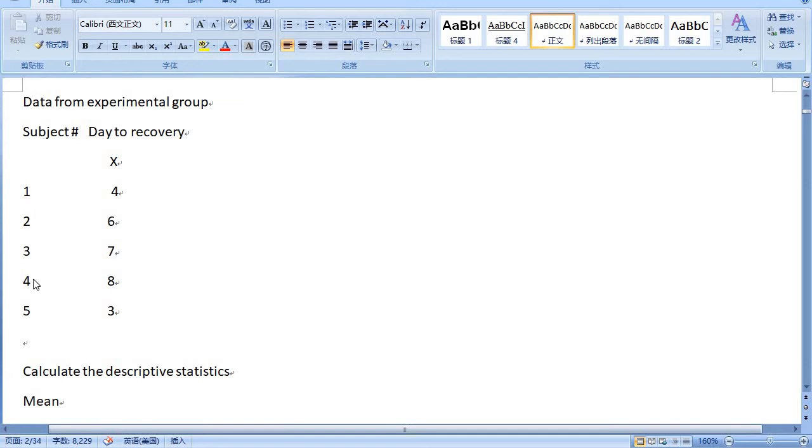Patient number 1, 2, 3, 4, 5. We have 5 of them. They have been randomly assigned to take the real medication. And we measure how many days it takes them to recover. The first person, it takes 4 days to recover, 6 days, 7 days, 8 days, 3 days.